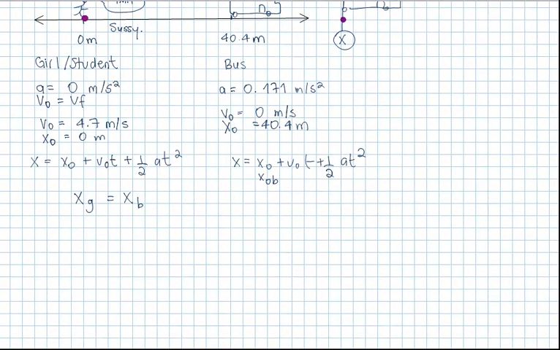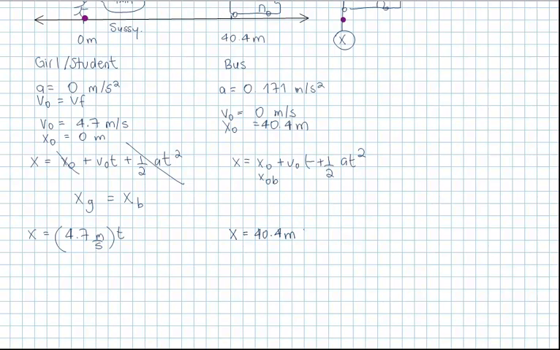Okay, so we're going to fill this in. For the girl, she's at 0, so we don't care about that. Velocity initial is 4.7 meters per second times time, plus acceleration, but acceleration is 0, so we don't care about that. We are done for the final position of the girl. Now for the bus, x initial, where it's starting, is 40.4 meters.